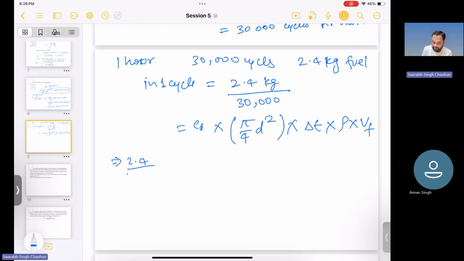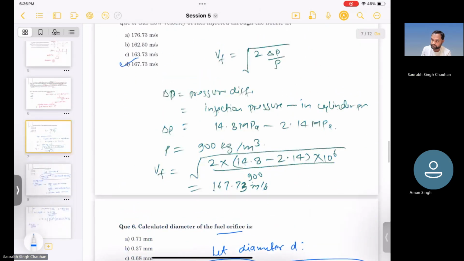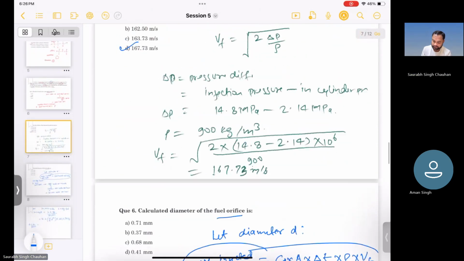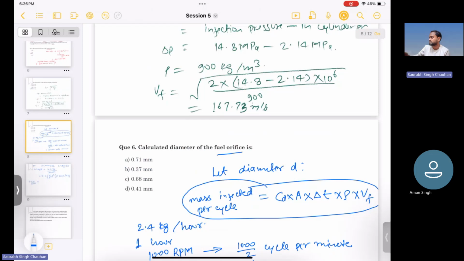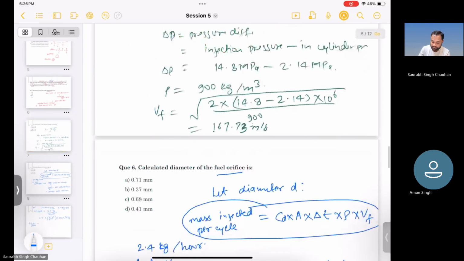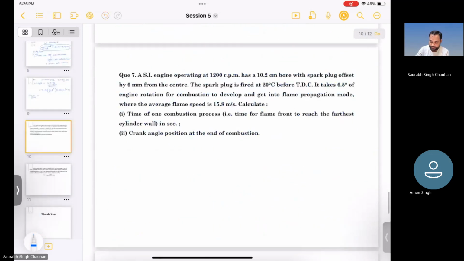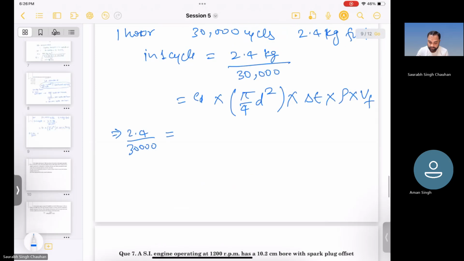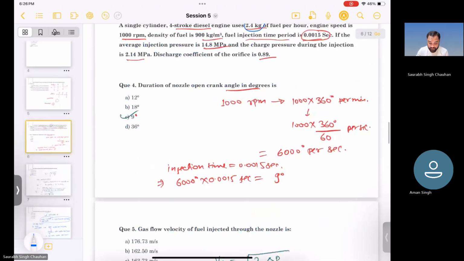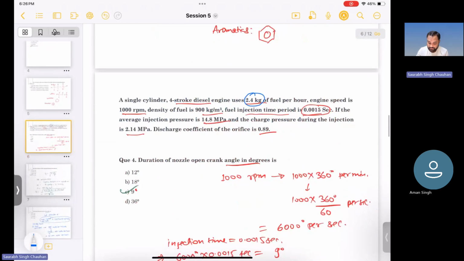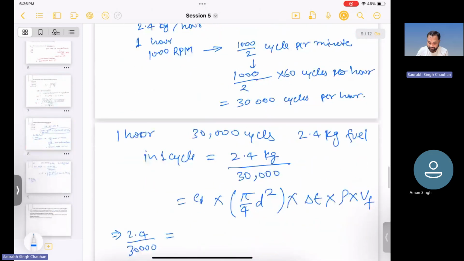So 2.4 divided by 30,000 will be equal to CD. How much is CD? Coefficient of discharge is 0.89.